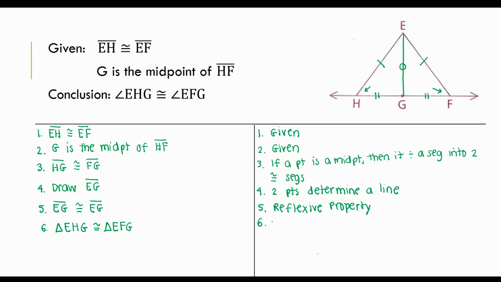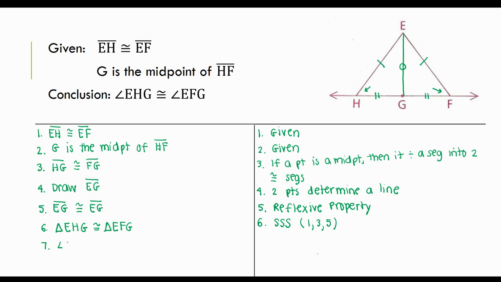And if you look at the markings, they're all sides. So side, side, side. Notice that my first set of congruent sides came from step number 1. Step number 3 got me our next set. And then step number 5 got us our last set of congruent segments. Now that I have congruent triangles, we can prove that any other pieces of those triangles are congruent.